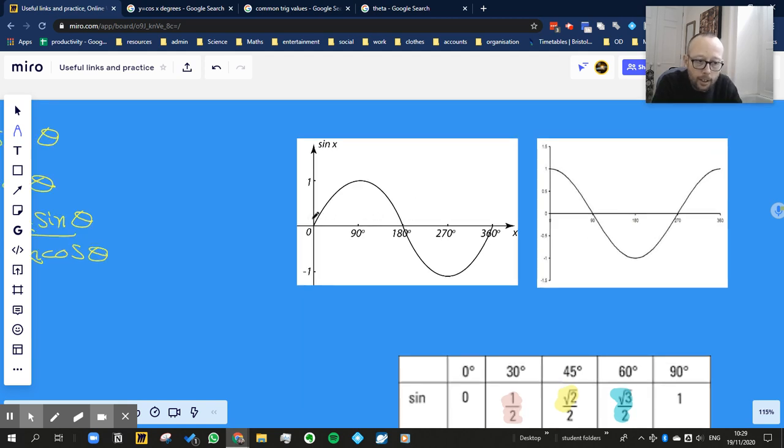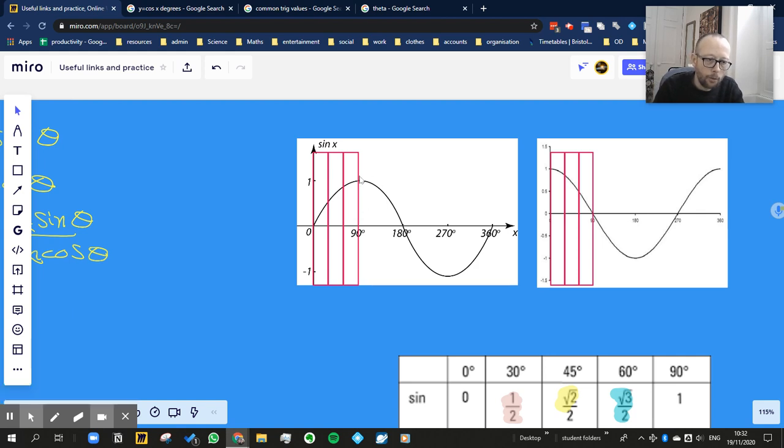The graph of sine x looks like this. It has its first peak at 90 degrees, and then it goes back down to 0 at 180. We're only interested in 0 to 90 anyway, so we only need to look at this first bit of the graph.